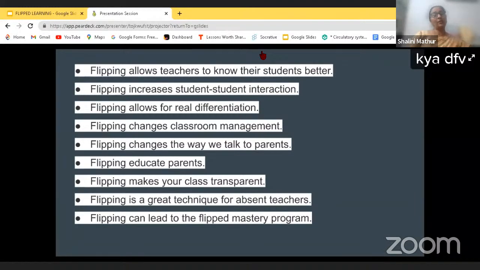Flipping makes your class transparent. This is very common in the classroom: in each class, there are a few students who score well. And as students, we also say, "Oh, that one is the teacher's favorite, something happened for him, he did this." But when you teach, it is for everyone.